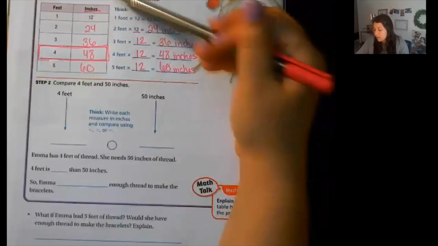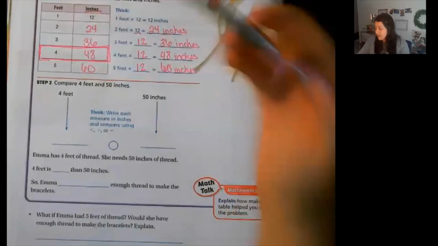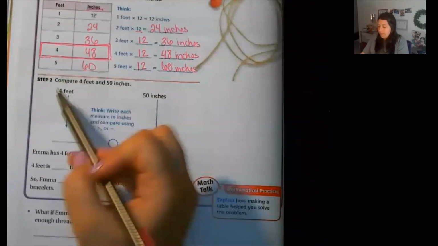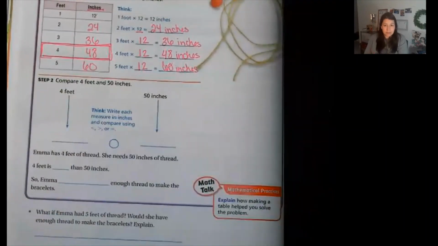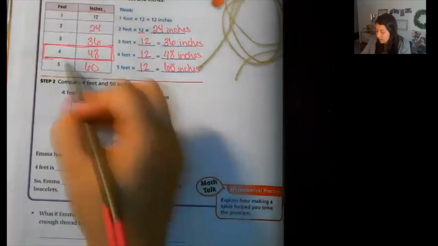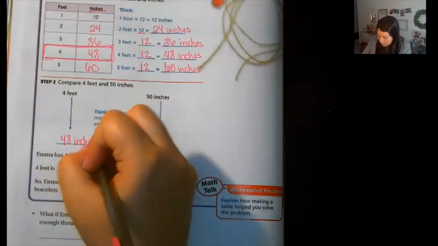By looking at that chart we just made, there's not an exact amount of feet that would make 50 inches, okay? But I can change my 4 feet into inches. 4 feet was equal to 48 inches, as you guys figured out earlier, okay?